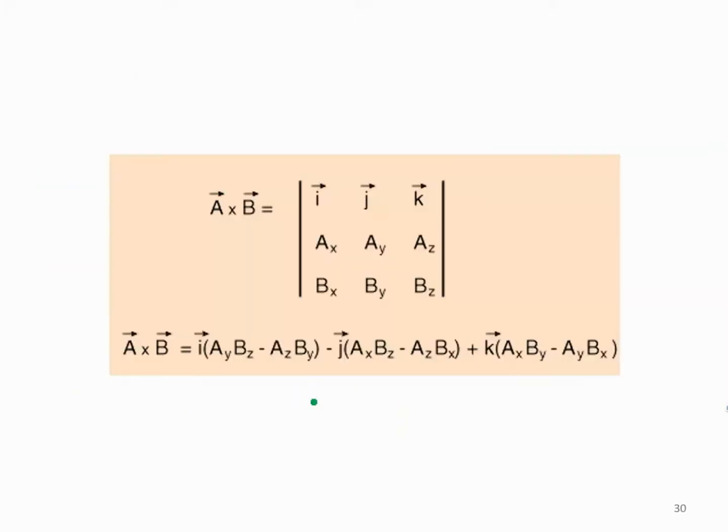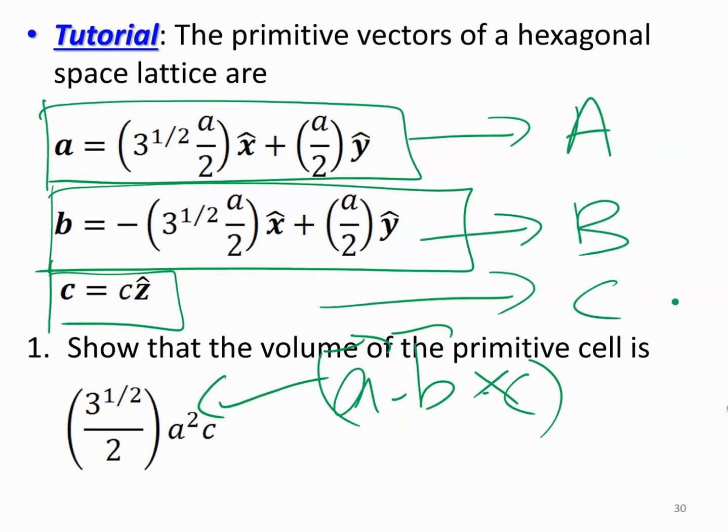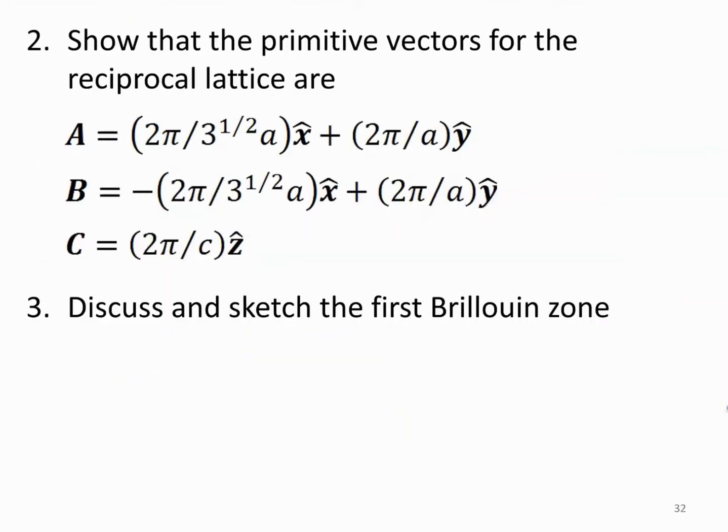Okay. Next, I want you to find the reciprocal lattice of A, reciprocal lattice of B, and reciprocal lattice of C. Okay. Then next, I want you to discuss and get the first Brillouin zone.